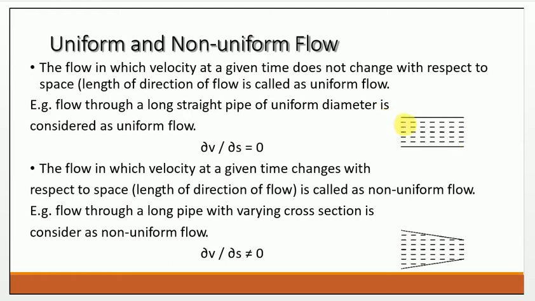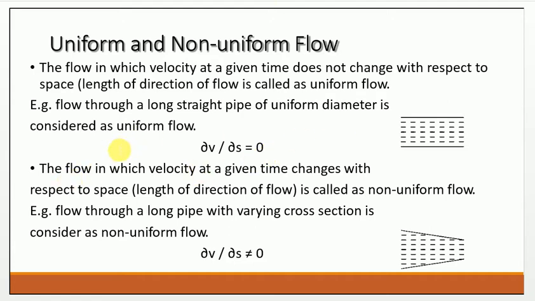At the second meter of the pipe, the velocity will be 10 meters per second. At the fifth meter, if you check, the velocity remains the same. And at the 10th meter also it remains the same. It does not change with respect to space, that is, the length in the direction of flow. So you call it uniform. That means it is flowing uniformly. The change in velocity with respect to space is 0 or constant.